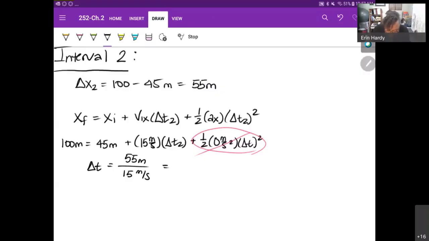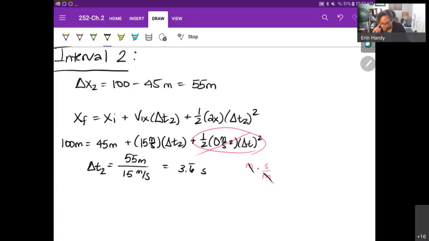55 over 15 is 3.6 repeating seconds because I have meters divided by meters per second. So we end up with meters times seconds over meters. Meters cancel. And this is a delta T2.